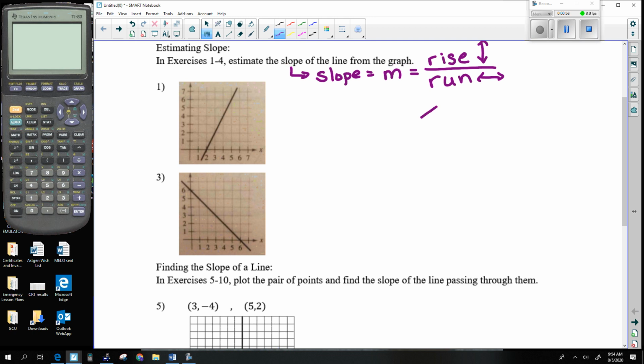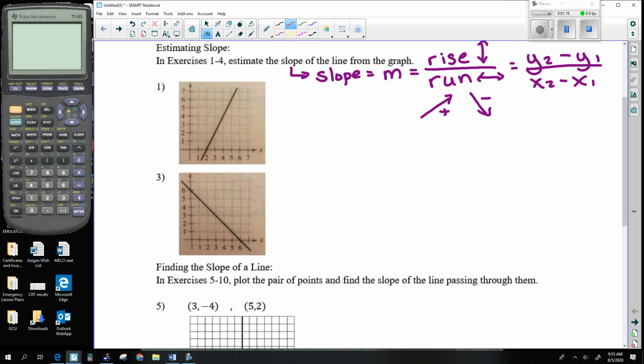If it's going uphill, it's positive. If it's going downhill, it's negative. Or a formula for it would be y2 minus y1 over x2 minus x1.